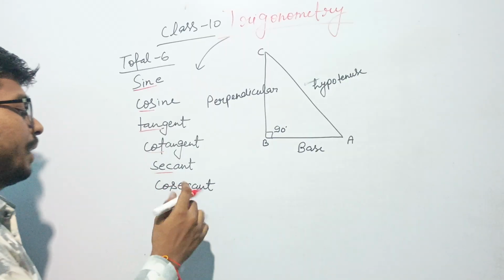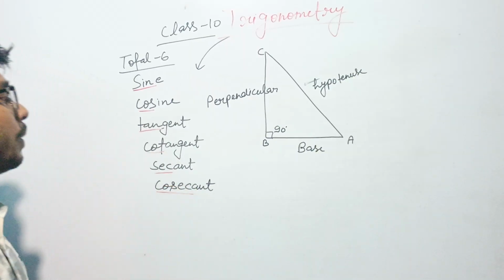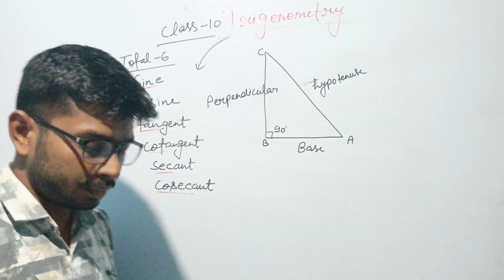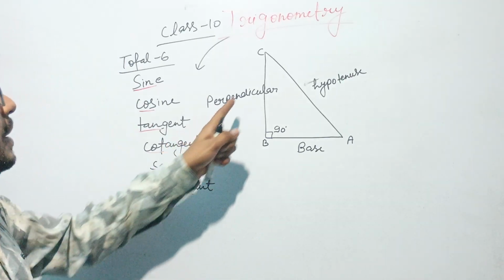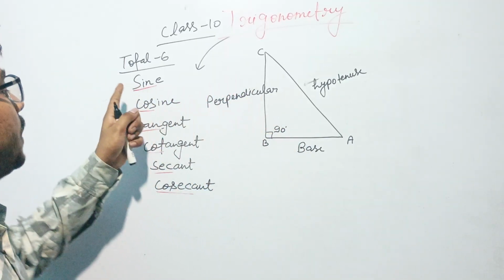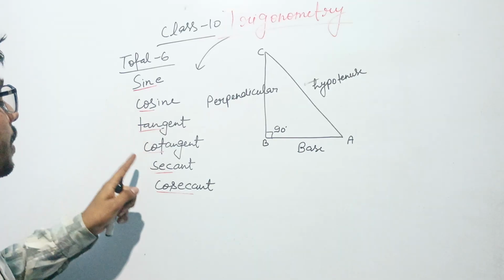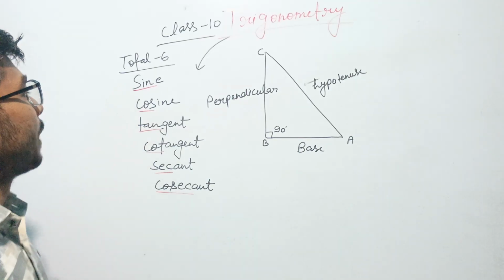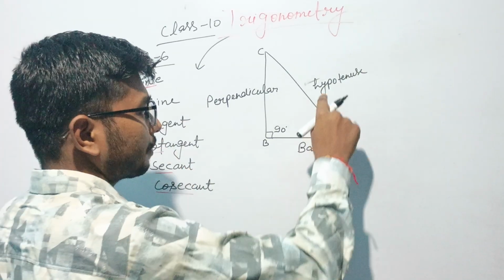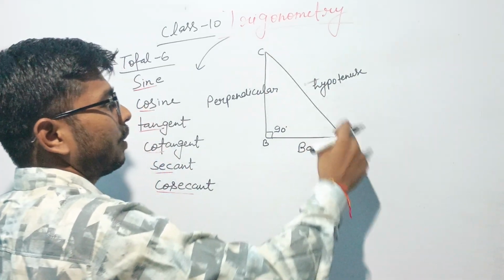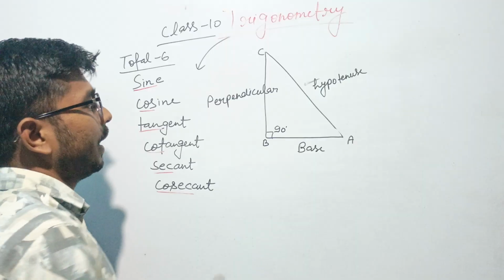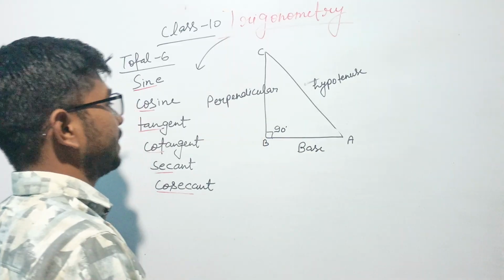For cosecant we use cosec. Now with the help of this triangle we will find the value of sine, cos, tan, cot, sec, cosec. This is hypotenuse, the longest side of this triangle, this is perpendicular and this is base.